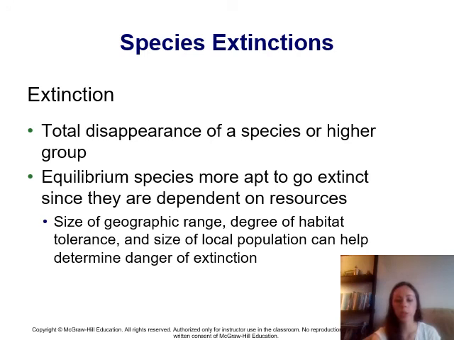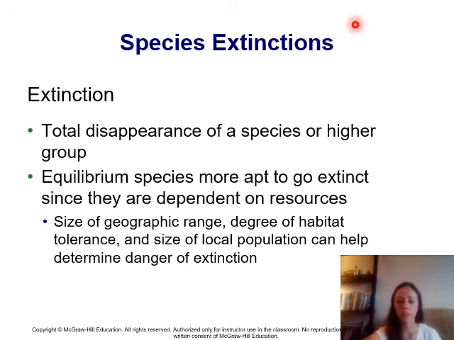Unfortunately, equilibrium species are more likely to go extinct than the opportunistic species. And this is just because equilibrium species are not able to tolerate too much change in their environment, especially when it comes to different things that they might eat or different habitats that they might try to live in.